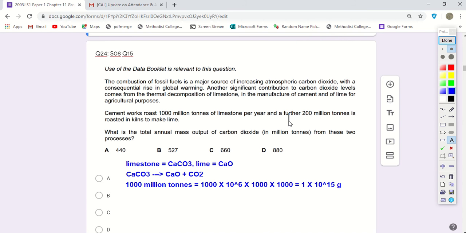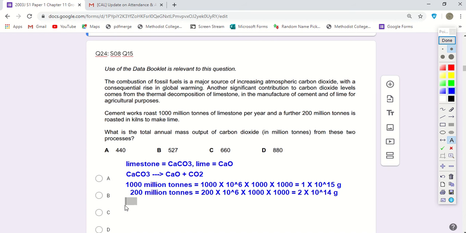Now, they also roast a further 200 million tons. So let's repeat this. 200 million is times 10 to the power of 6, times 1,000 again for tons to kg, times 1,000 again for kg to gram. So this will be 2 times 10 to the power of 14 gram.